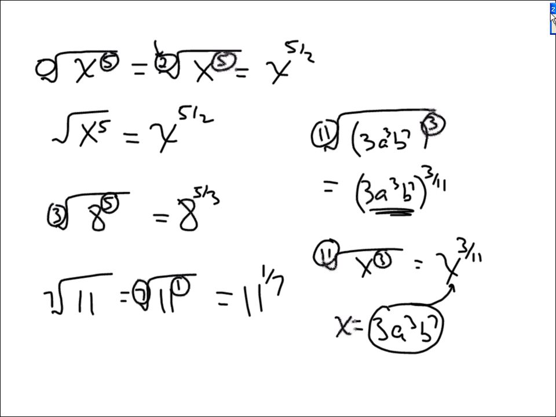Even if it were a sum, like 3a cubed b squared plus b to the 7th plus 2, all in brackets, to the 3 over 11 power. Possibly I did that one a bit quick.